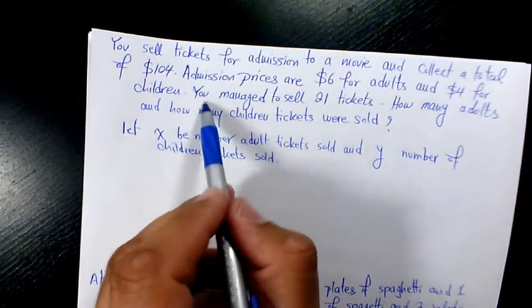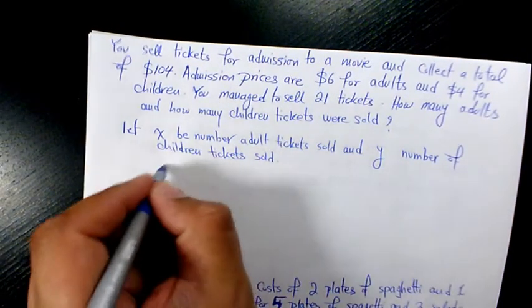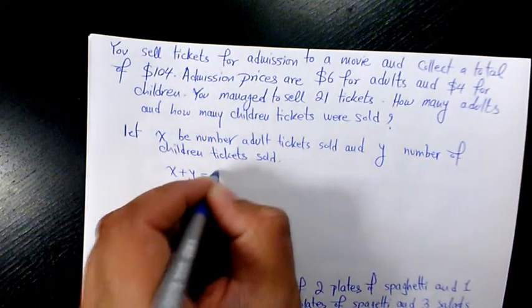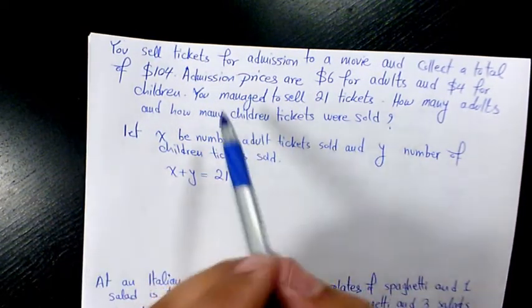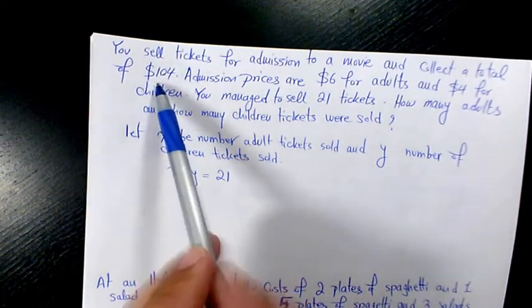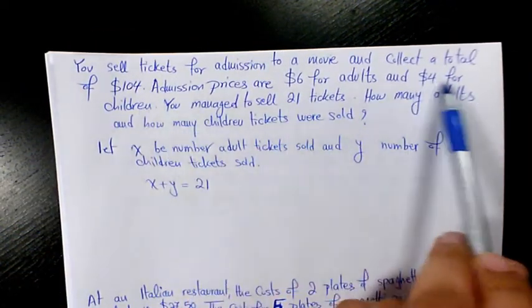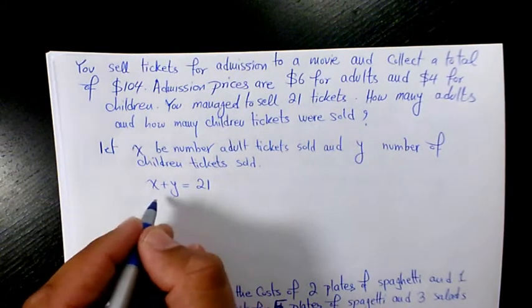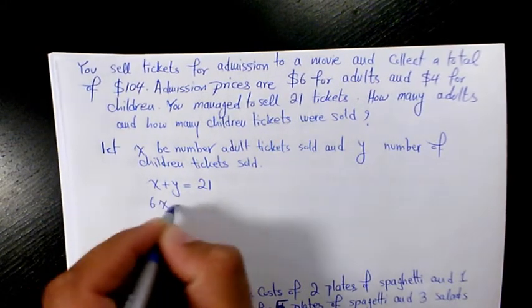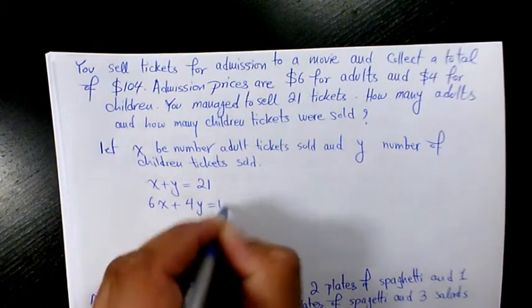So in total it says you managed to sell 21 tickets, so X plus Y equals to 21. And then it says the total amount of money you collected is 104, and the price for the adult is $6 and for children is 4. So it's going to be 6x plus 4y equals to 104.